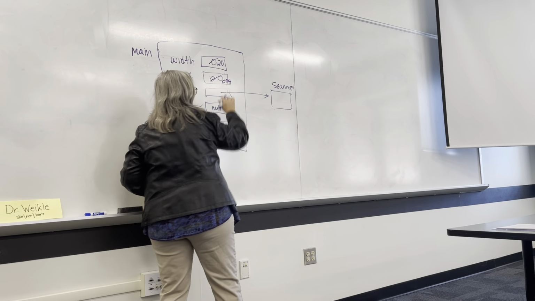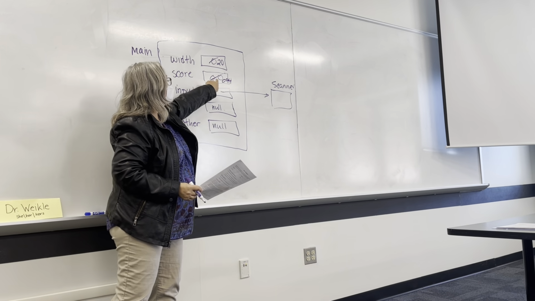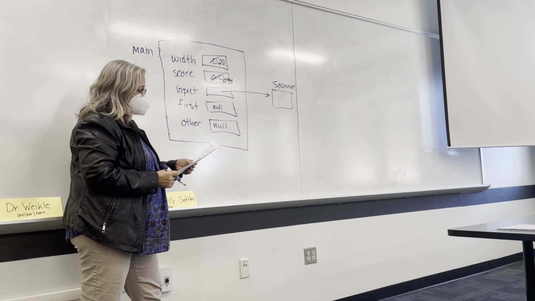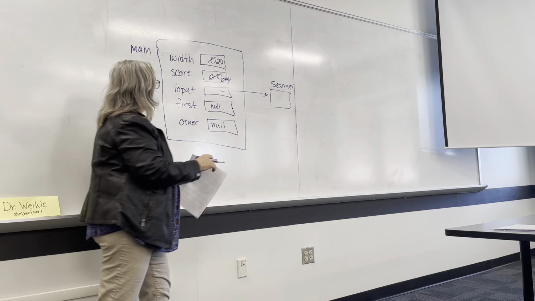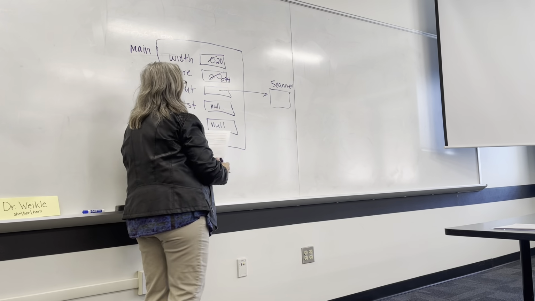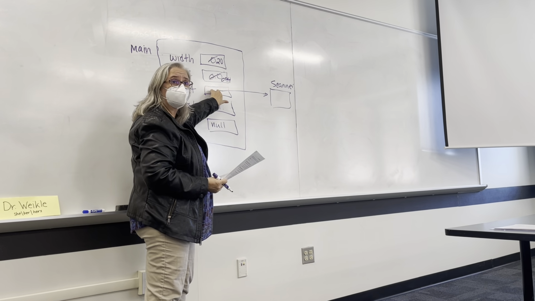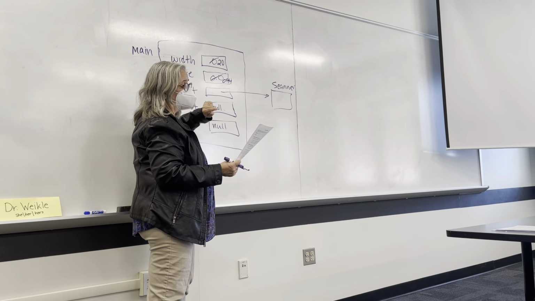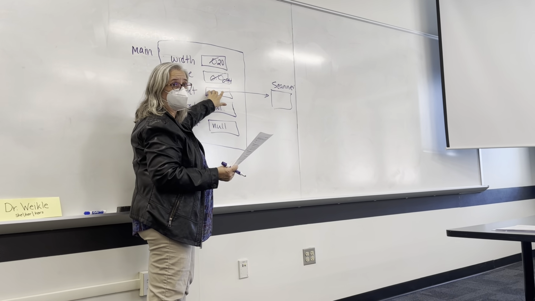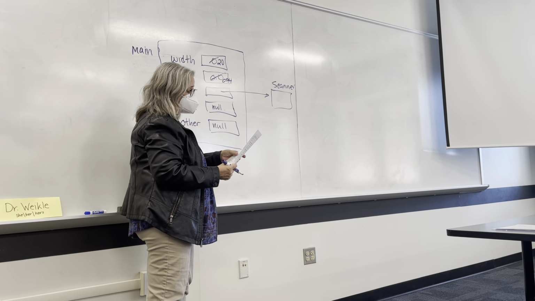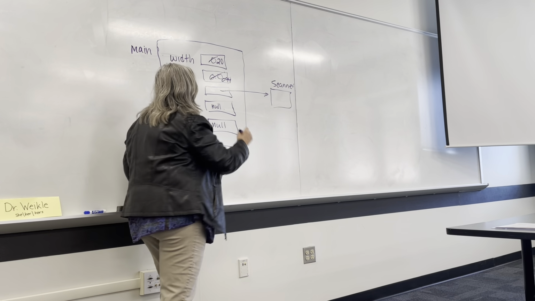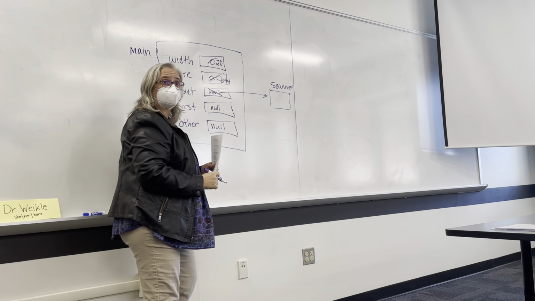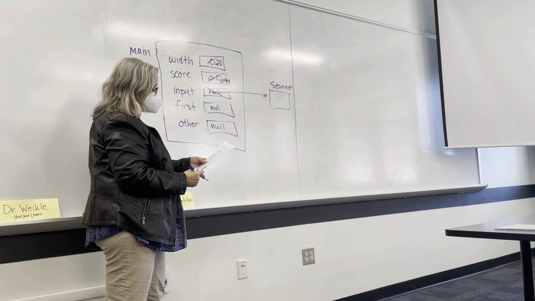You could write it beside the box, and I would understand, but I really want some indication that it's in the box. Now input equals new Scanner, so I should have waited until I saw new before I showed that arrow. With the declaration, I didn't have that yet. I should have had null here first also. So I'm going to write null and then cross it out to represent that, because I forgot that.